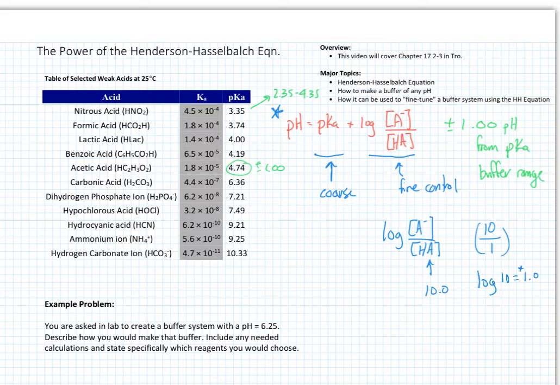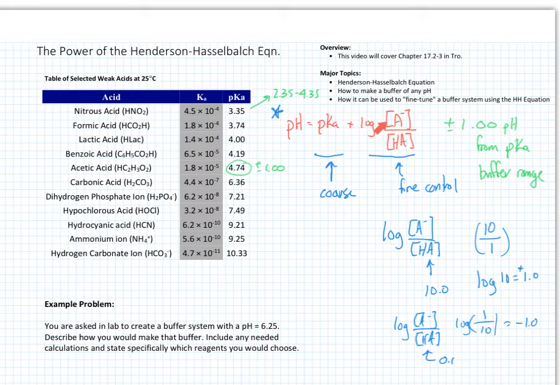And if this term, log A minus over HA, if that parameter right here is equal to 0.1, so in other words, we have 1 divided by 10, log of 1 divided by 10, that's equal to minus 1.0. So what this is really saying is this ratio can vary between 0.1 and 10.